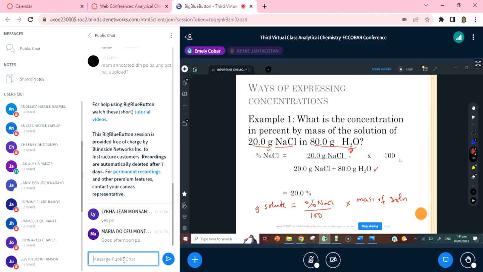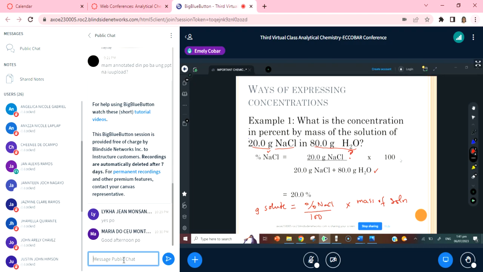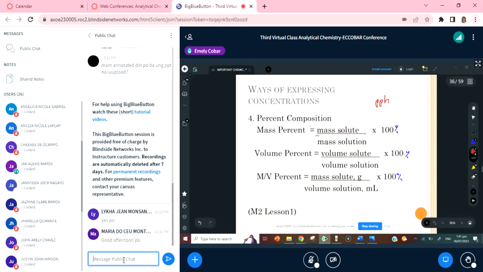Tandaan ha, dito, ang hinahanap natin, the grams of solute. Manipulating this formula, we would like to know the mass of solute.